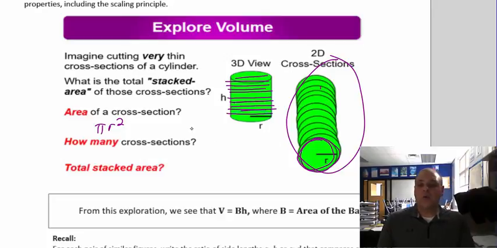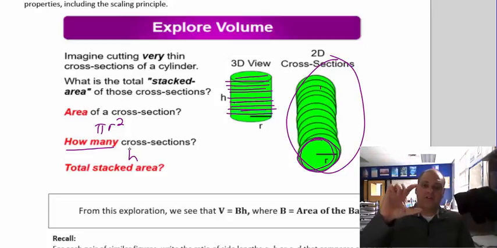If we know r, we could figure out the area of each of those cross sections. How many cross sections are there? Well, however many there are, if you stack them up, that's the height of the object. So we'll call that h. It's the height of the cylinder.